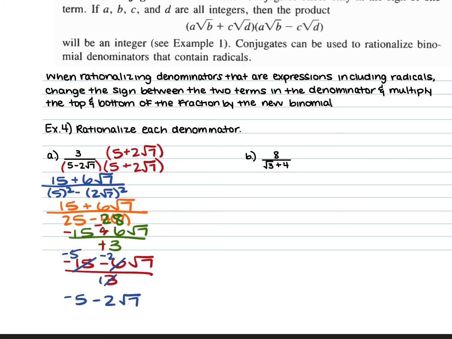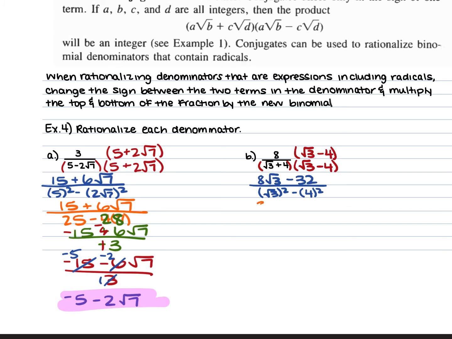For example B, we have 8 over the square root of 3 plus 4. So we're going to use the denominator and find the conjugate of it, which is the square root of 3 minus 4. We multiply the top and the bottom by that. The 8 times the square root of 3 is 8 square root 3. 8 times negative 4 is negative 32. On the bottom, we're going to have the square root of 3 squared minus 4 squared.